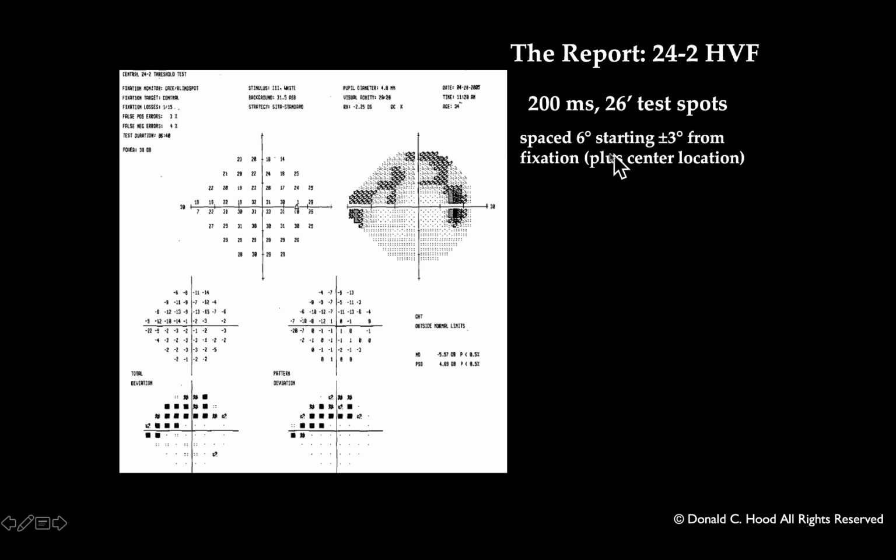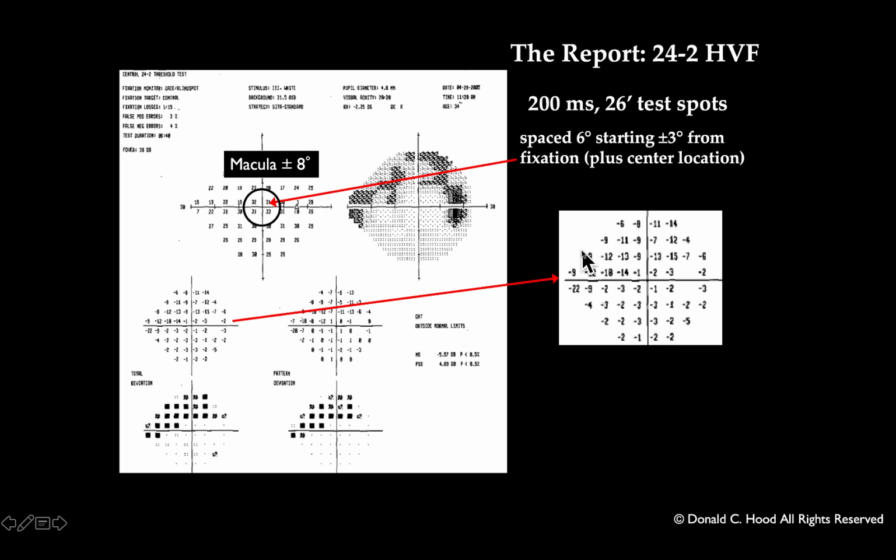But most importantly, I want to remind you of how spatially crude the sampling is in this report. So here's your macula. Here's the region that's so important for vision. There are only 4 points here because the test points are spaced every 6 degrees, starting up and over by 3 degrees. So you only have 4 of these within 8 degrees.